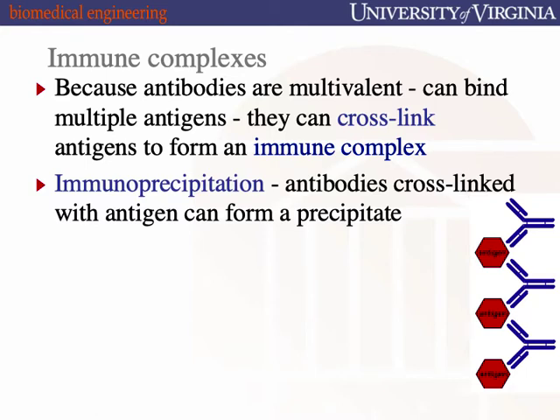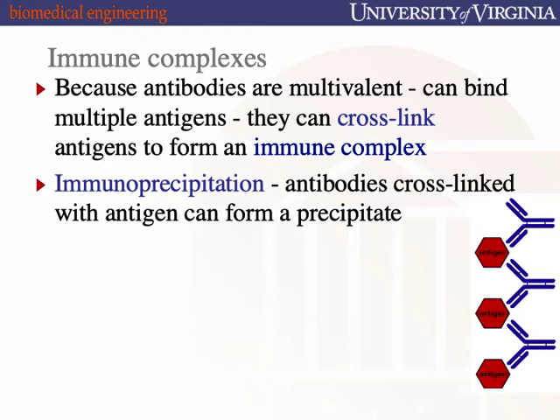It can be so powerful that if we do this in, let's say, a tube, I can actually do what's called crashing out a protein. I can form complexes that are so large that they literally fall out of solution and into the bottom of the tube. This process is known as immunoprecipitation, where we've generated such a large antibody immune complex that the protein literally comes out of solution.